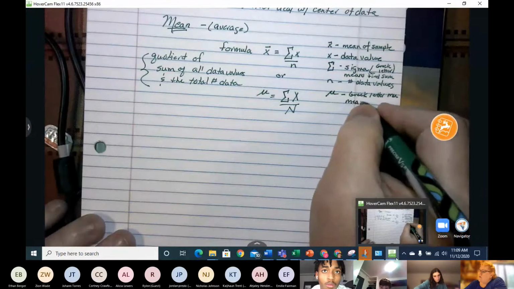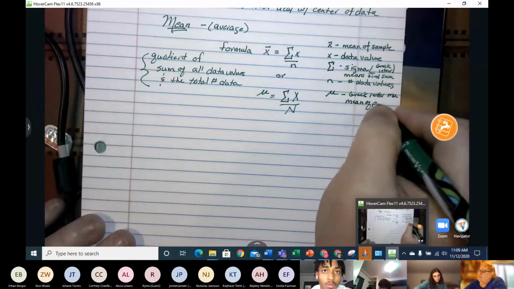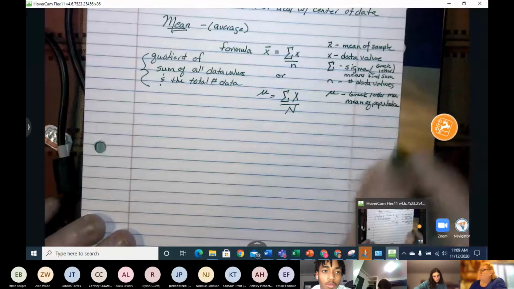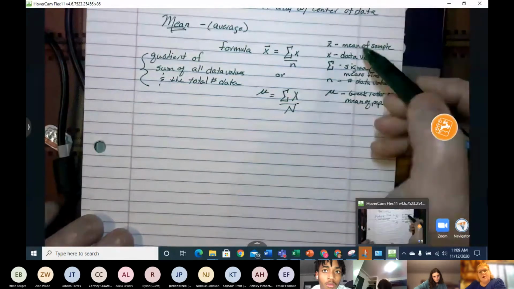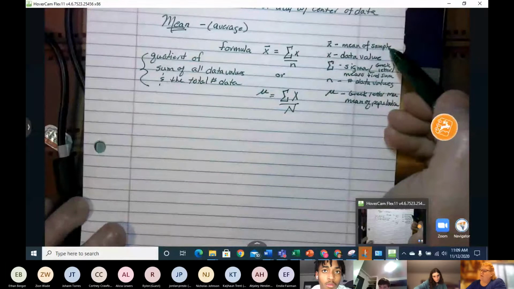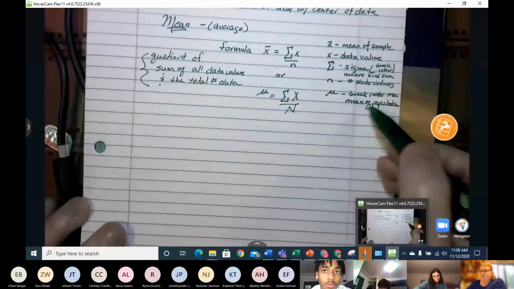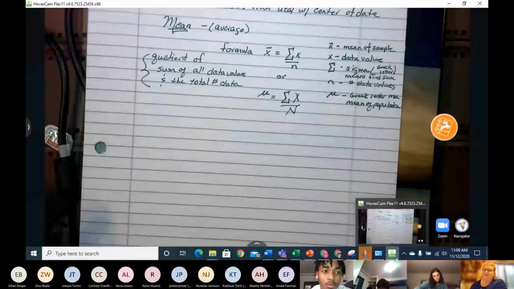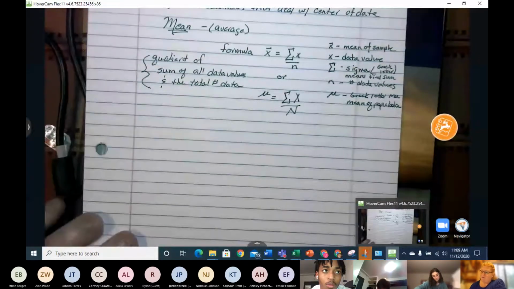It stands for the mean of the population. So the X with the bar over it is referring to the sample data. The mu refers to the population data. It's just being a little bit specific about what you're referring to.